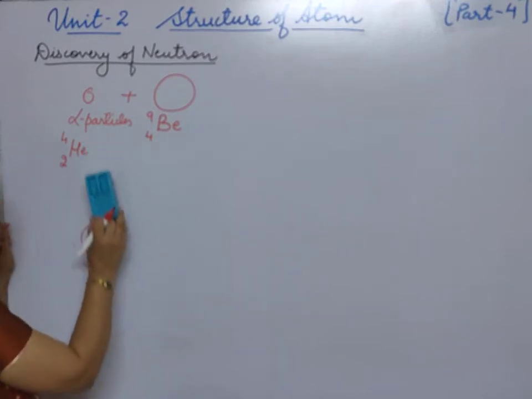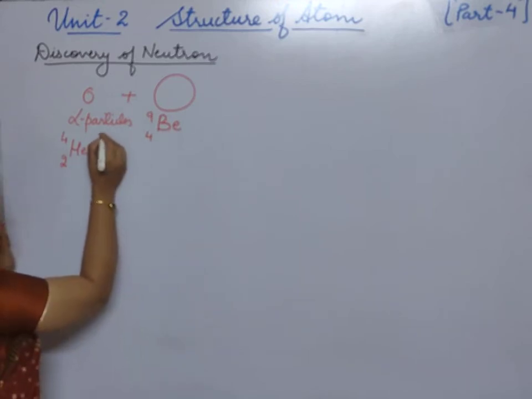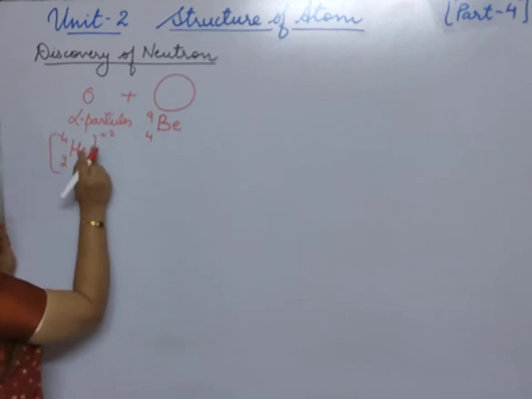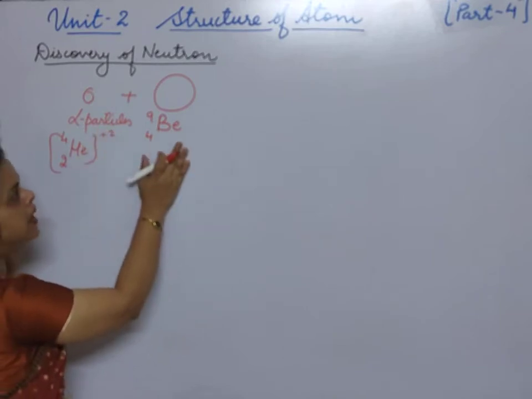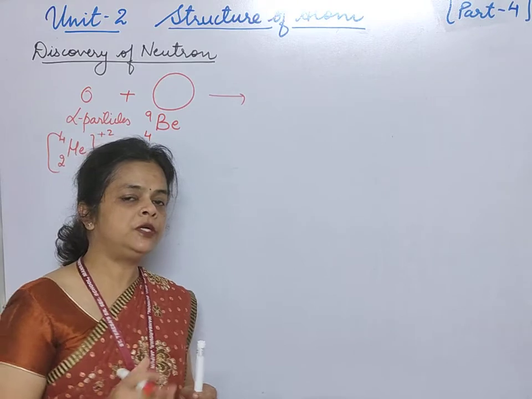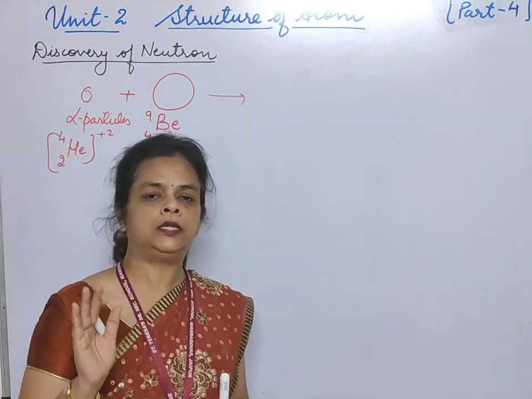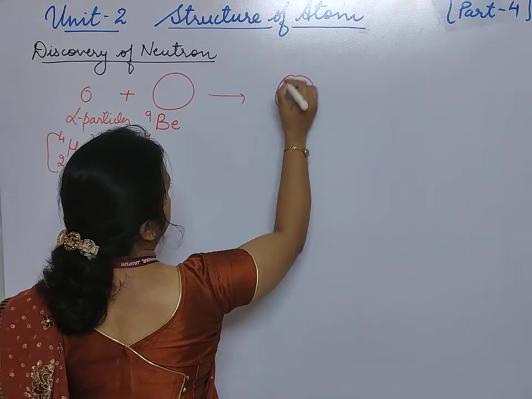So what are alpha particles? These are the doubly ionized helium nuclei. When alpha particles bombarded the beryllium sheet, it led to the production of some radiations which were not affected by any electric or magnetic field. So what was formed?